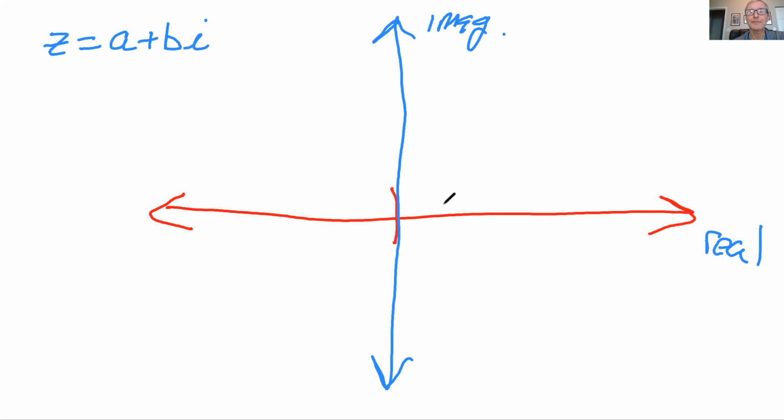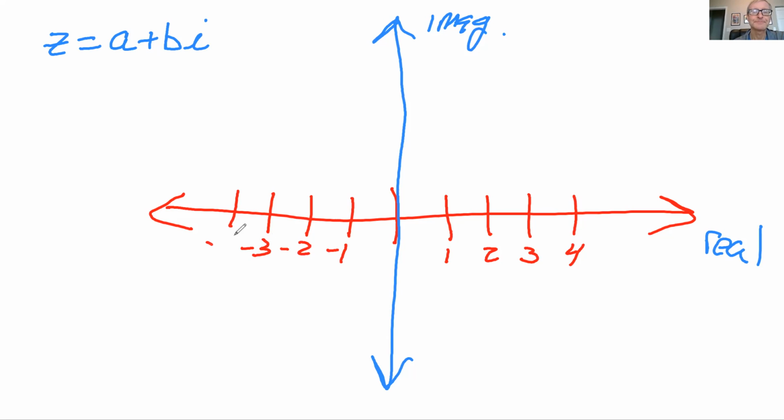And so if you think about how we would do the scales, again, the X or the real number line here is exactly the way it was before. That would be 1, 2, 3, 4, and then -1, -2, -3, and -4. Excuse me.